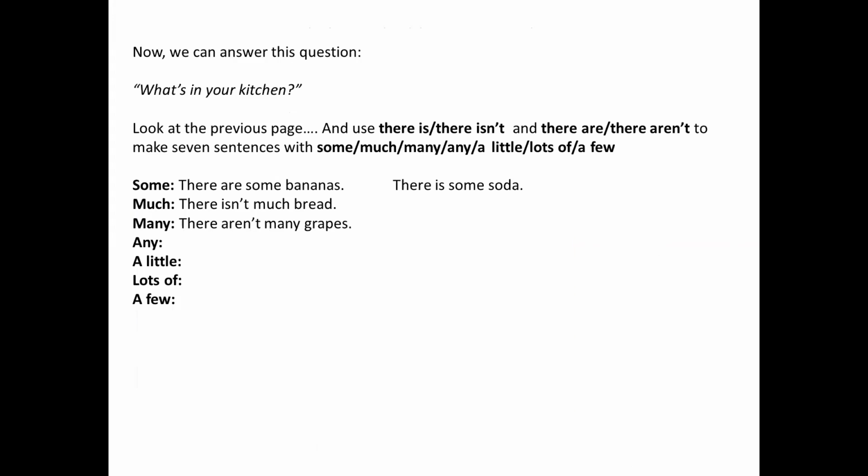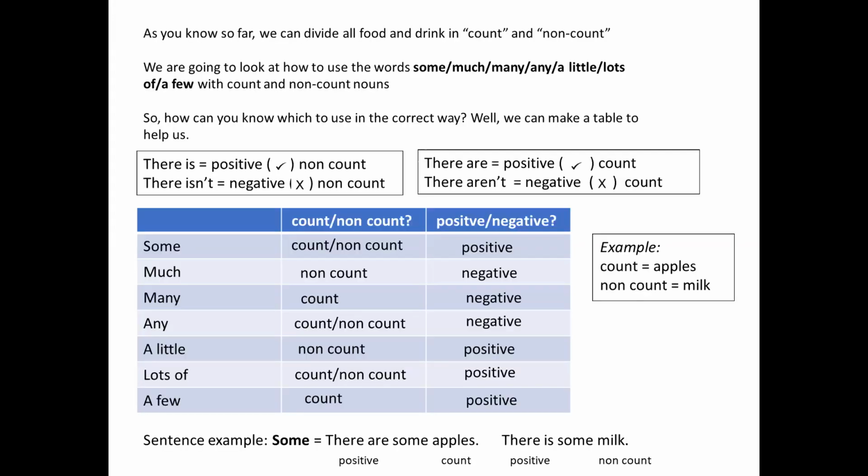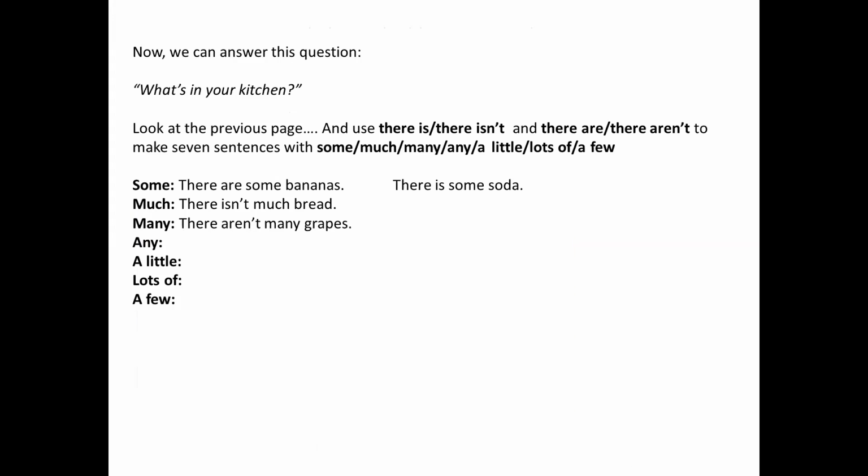Now we're going to use there is, there isn't, and there are, there aren't, and we're going to make 7 sentences with some, much, many, any, a little, lots of, and a few. So as we know, with some, we can make 2 sentences. For example, there are some bananas, and that's count, and there is some soda, that's non-count.